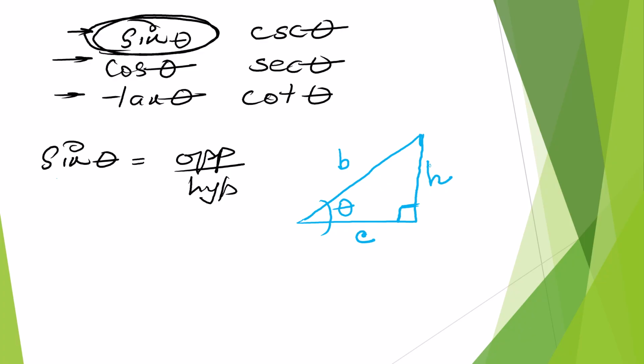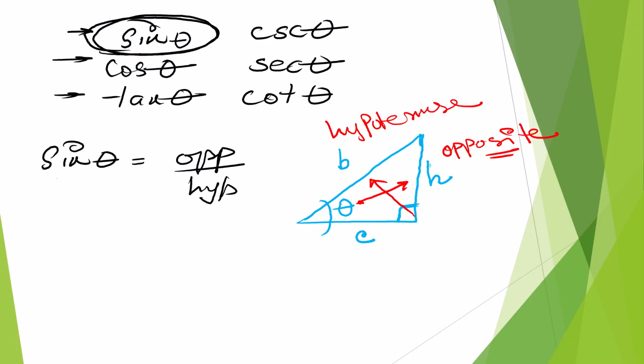So the first thing is that you have to label the triangle. Whatever side is opposite to the theta, name it as opposite. Opposite to 90 degrees, always name it as hypotenuse.